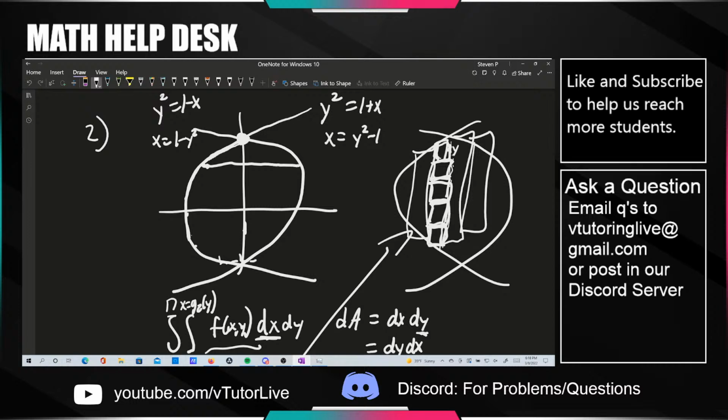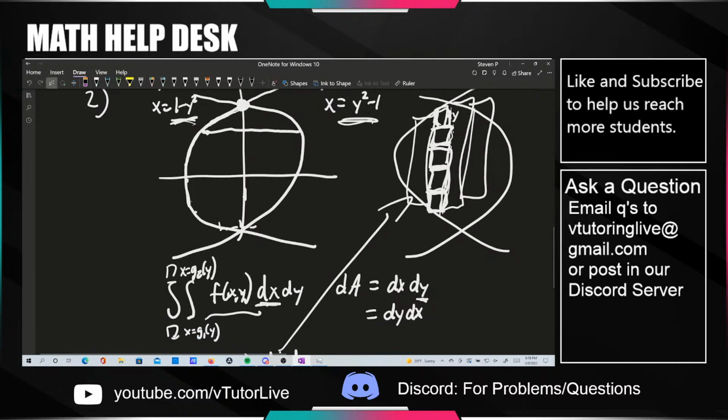And you can kind of see that these are your bounds right here. These are basically the g1 and the g2 that we're looking for in the bounds of the integral.